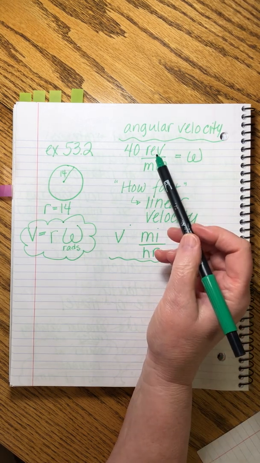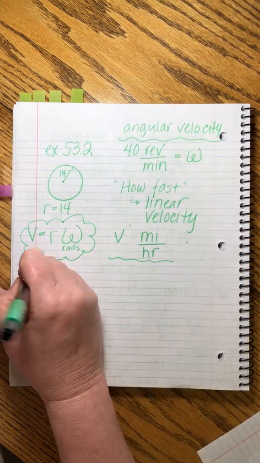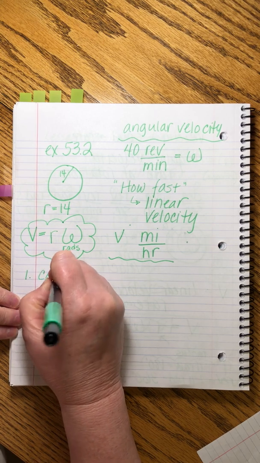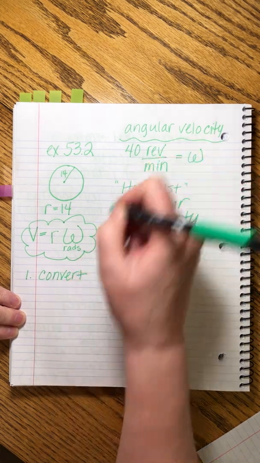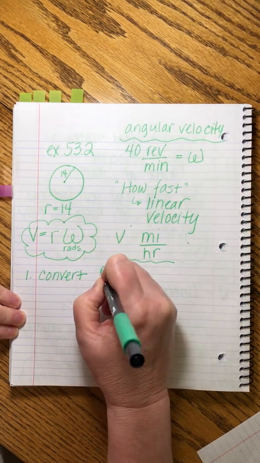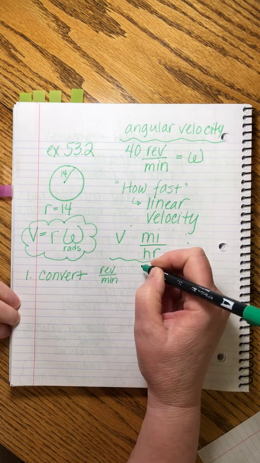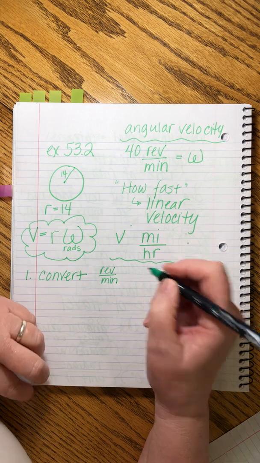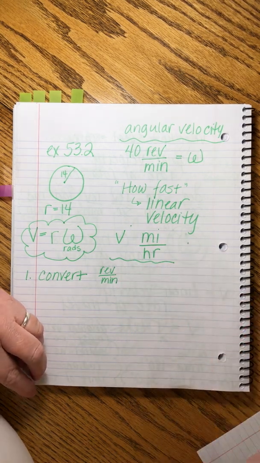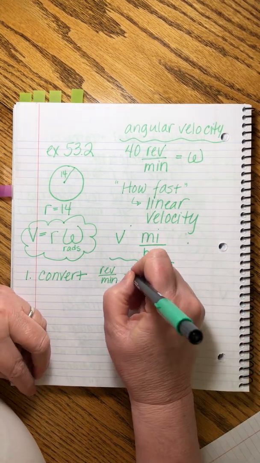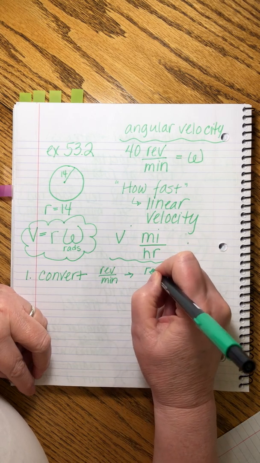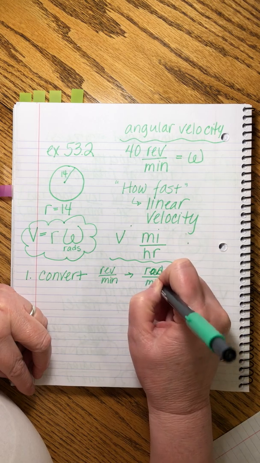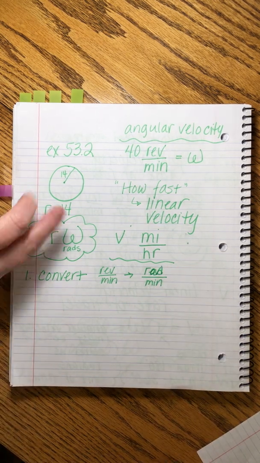So what we need to do is convert the revolutions per minute to rads. We can do rads per minute, rads per second. The unit of time isn't important, so we'll just leave it as minutes. We need to change it to radians per minute.